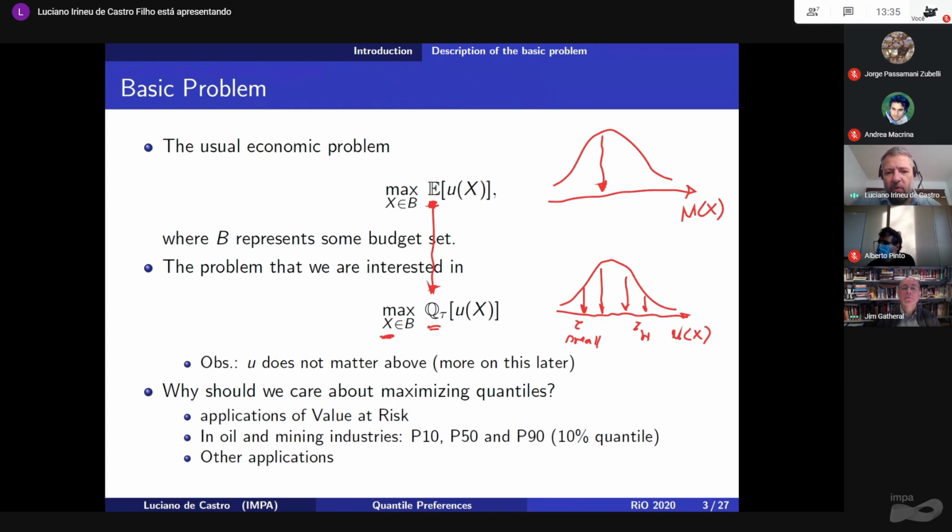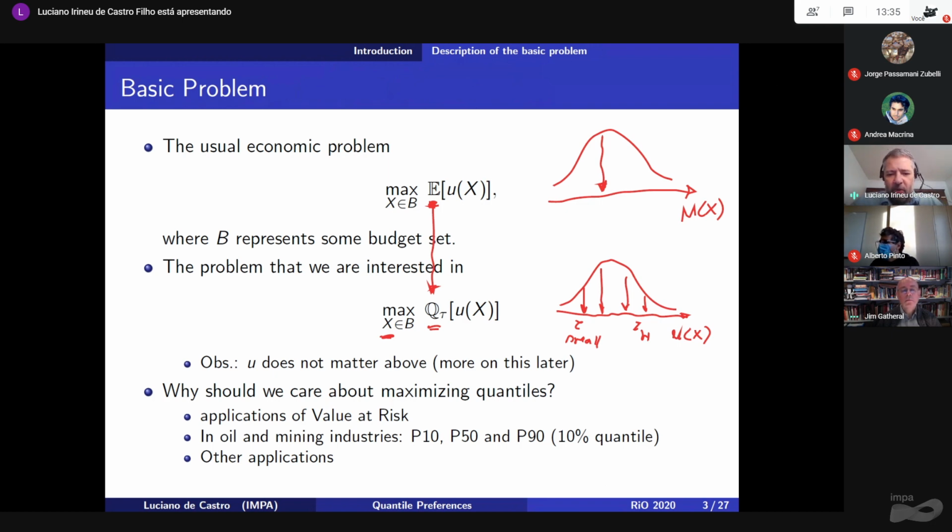The usual way of looking at it is to maximize the expectation of this portfolio, and you can take the mean-variance approach, for instance. It can be written this way. But what we are looking at is, instead of maximizing the expectation, you maximize the quantile.